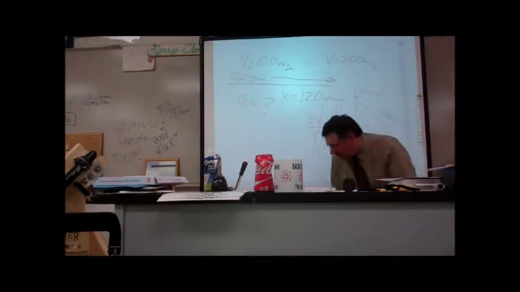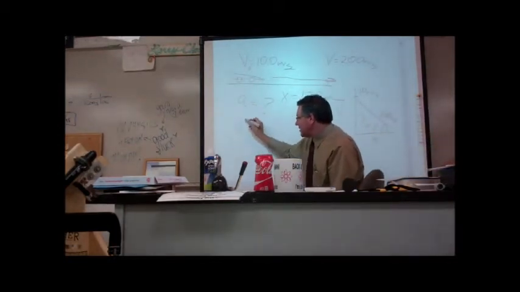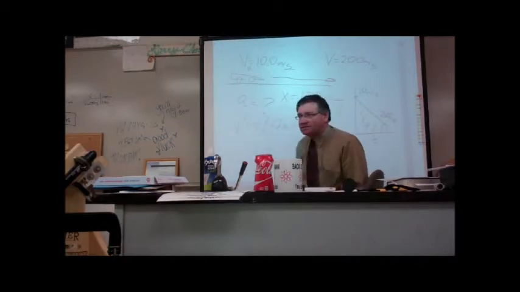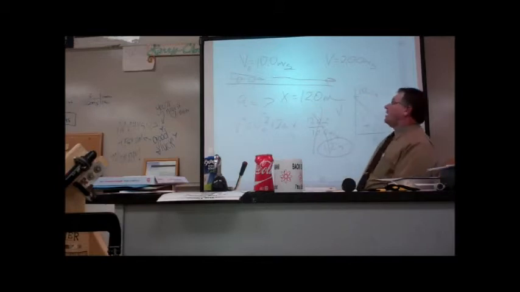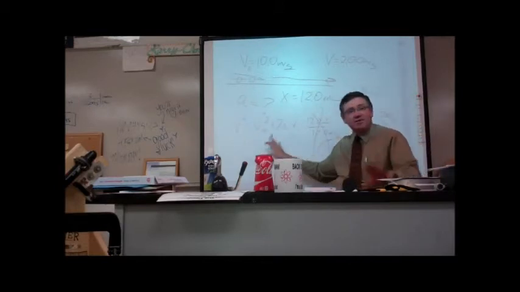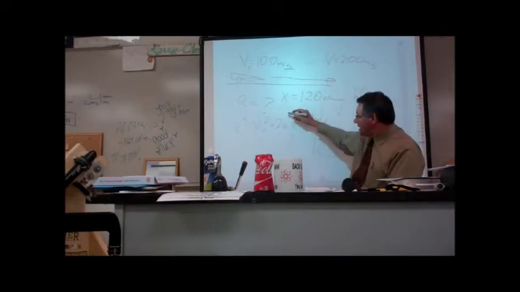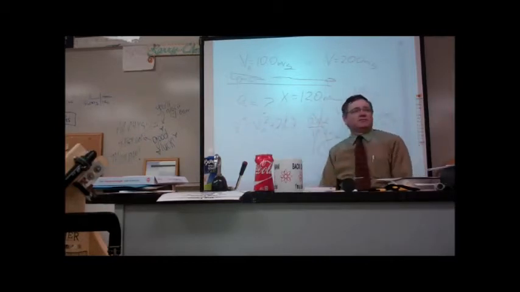That equation. Okay. So I got v squared equals v naught squared plus 2ax, right? I know everything except acceleration. So how am I going to get acceleration by itself? Stop.